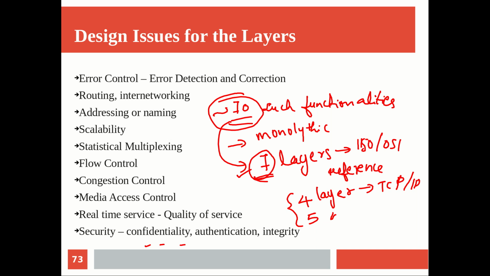Depending on their usage, and which functions when grouped together give the optimal performance, that grouping is done. Anyway, we are going to divide the overall functionality into different layers. Before moving on to the actual ISO OSI reference model or the TCP/IP model, the names of the layers, their functionality, etc., we will initially see an overview of the so-called layering concept.